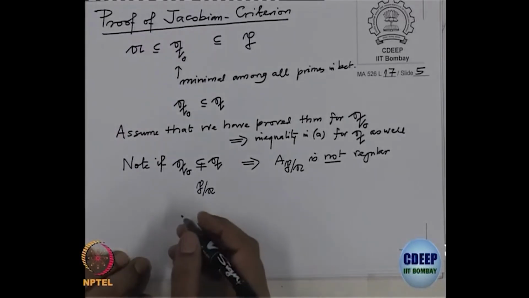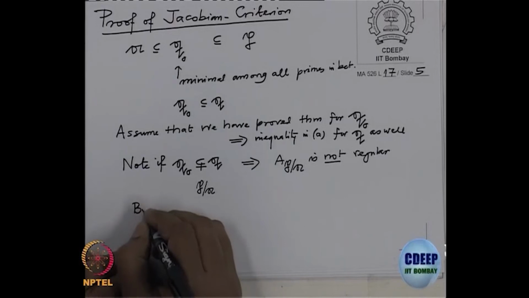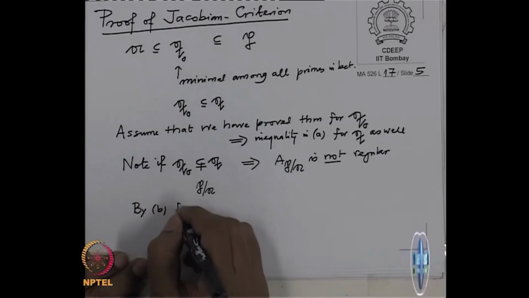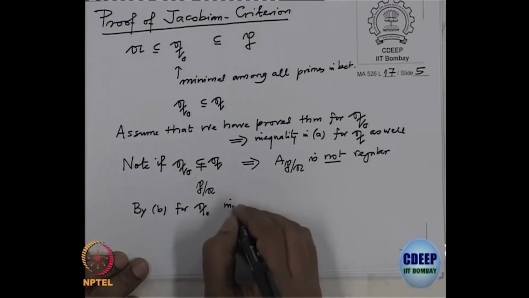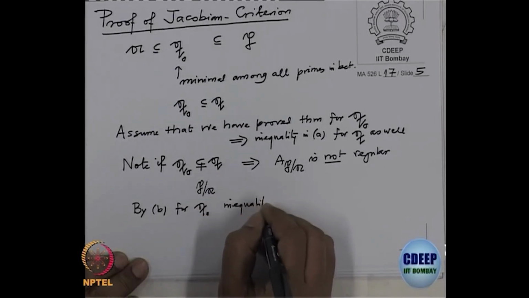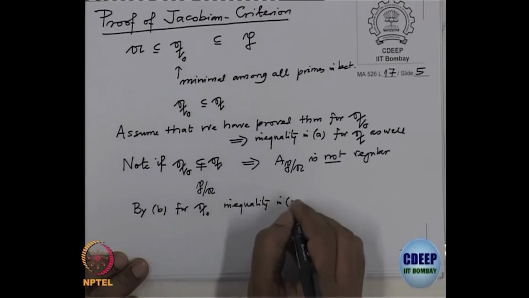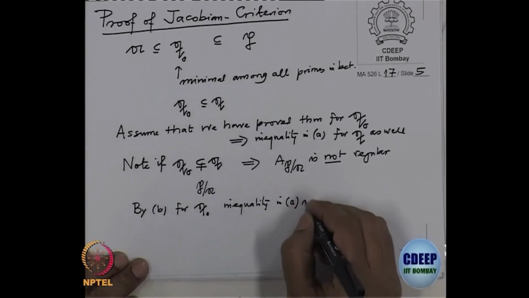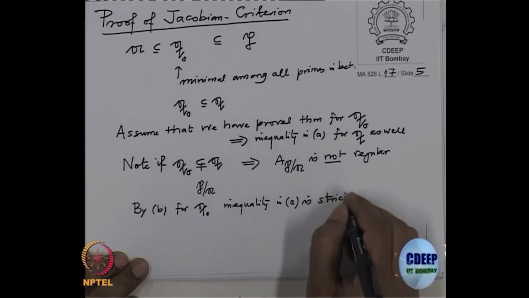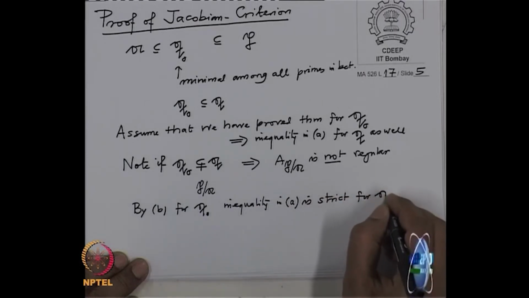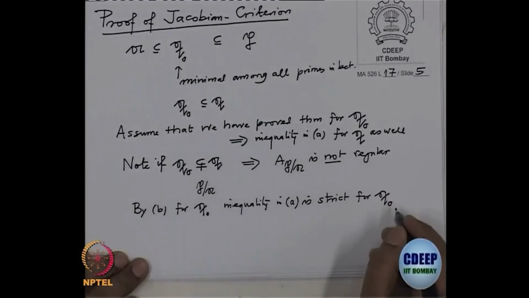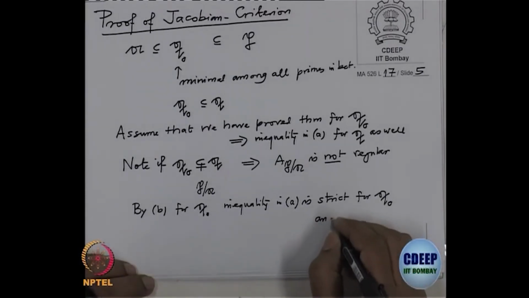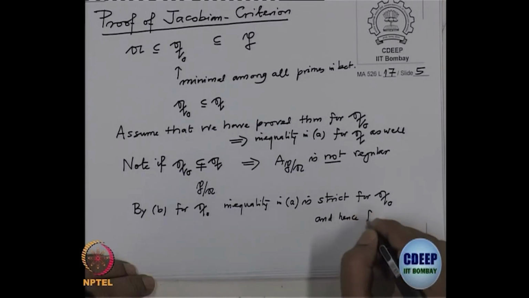So by B for Q naught, the inequality in A is strict for Q naught, and once it is strict for Q naught, it will be strict for, and hence for Q.